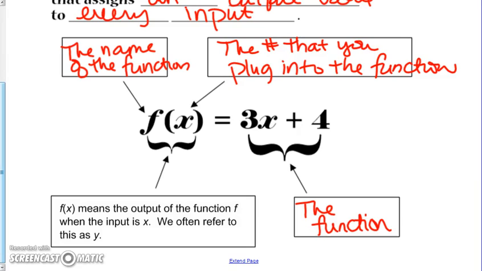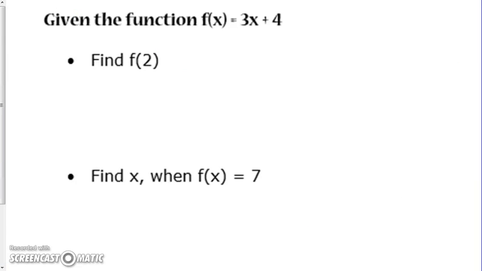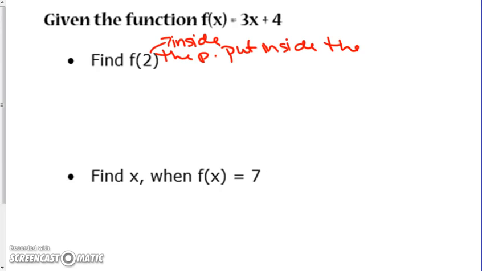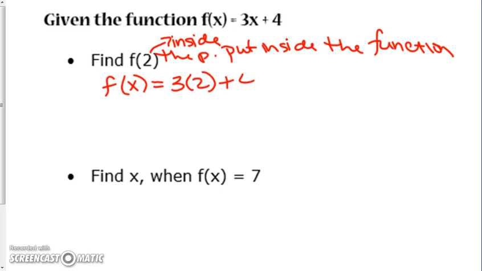So let's look at the two examples that are at the bottom of that foldable. It says find f of 2. This is inside the parentheses, so you put it inside the function. So f of x equals 3 times 2 plus 4. So that equals 6 plus 4, so that equals 10.